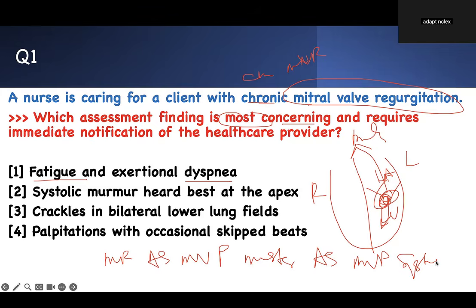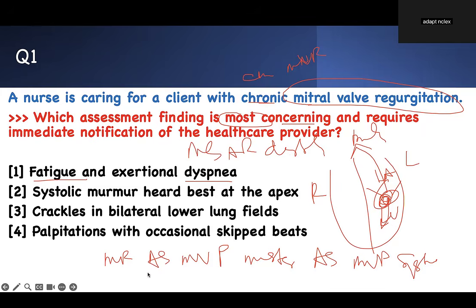Then MS AR, Miss AR, rest in diastole. That means mitral stenosis and aortic regurgitation rest in diastole. Mitral regurgitation will lead to a systolic murmur. Is this concerning? It's an expected finding.